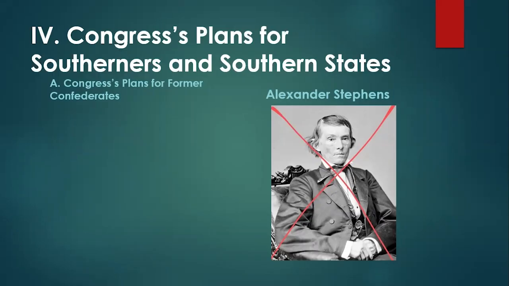Remember, one of the key questions driving Reconstruction is who should take the reins, essentially, of Reconstruction. Should it be the president, or should it be Congress, or the former Confederates themselves? Well, Congress certainly thinks that they should have the lead here. So Congress's plans for former Confederates were pretty much a direct response to Johnson's kind of negligence, which allowed former Confederates to begin staking a small claim of power once again.